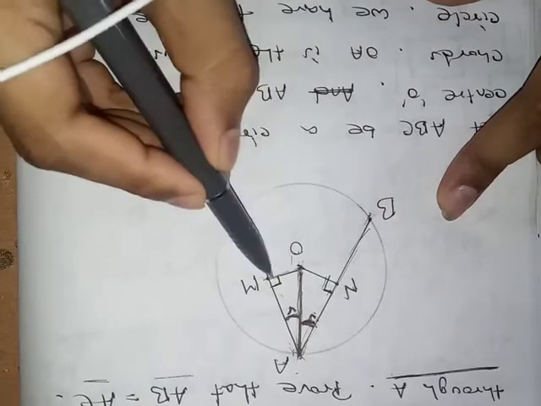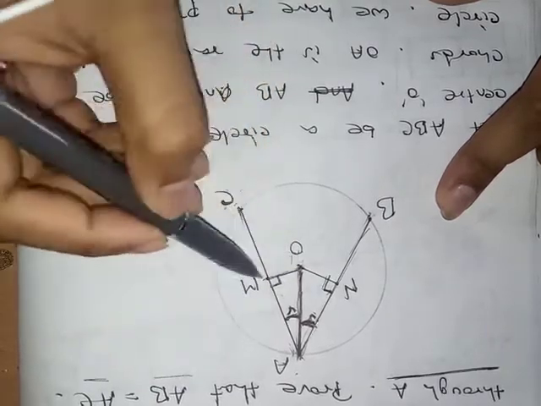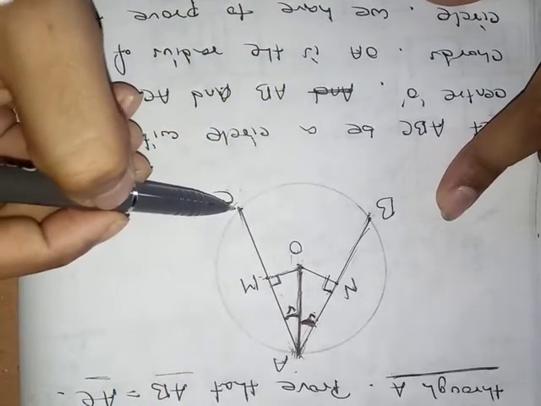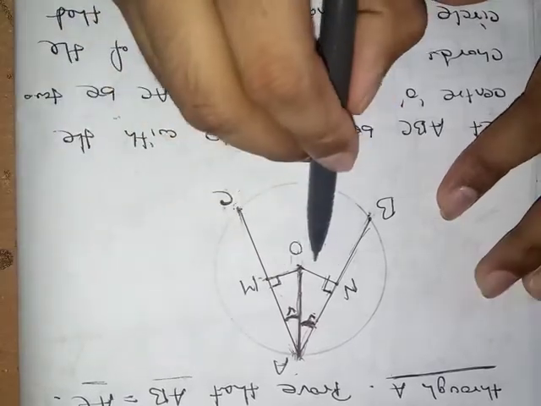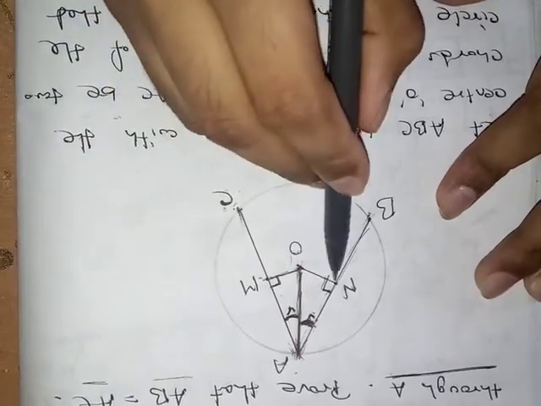This one, OM, is perpendicular to AC, and I have drawn another perpendicular ON to AB.